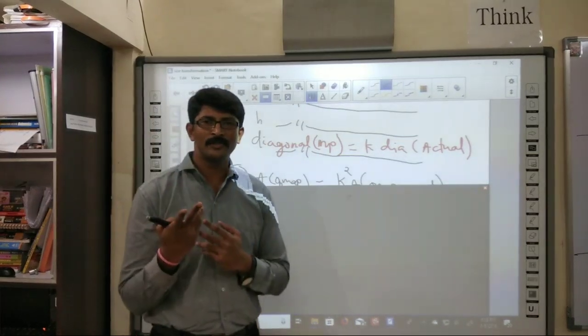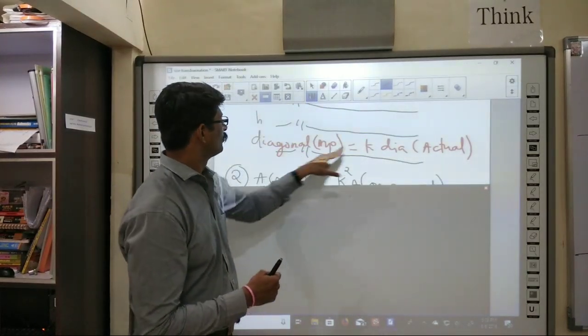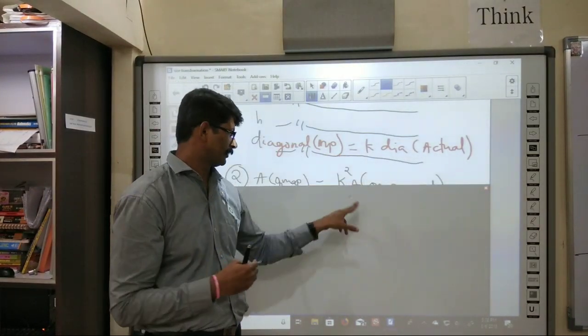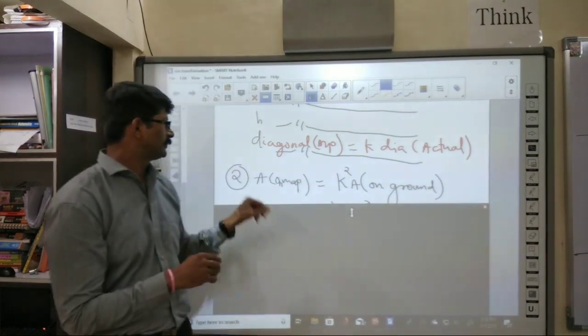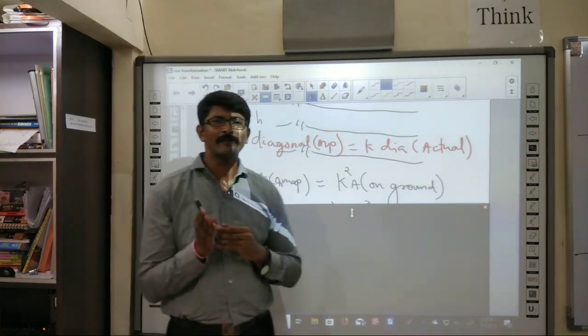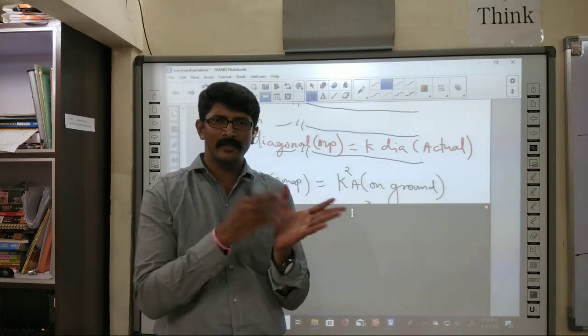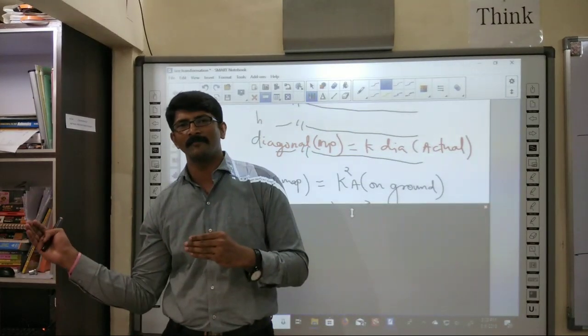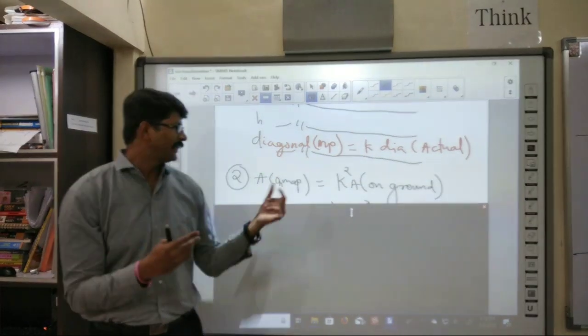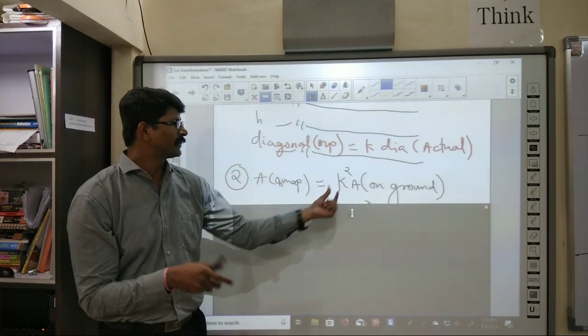When we come to two-dimensional, this k goes to k square. It's so obvious. See, area on map. Now how does the area become this? Area is the length multiplied k times, and the breadth is also getting multiplied k times, so in area it will become k square.